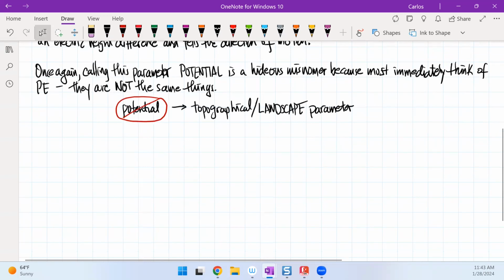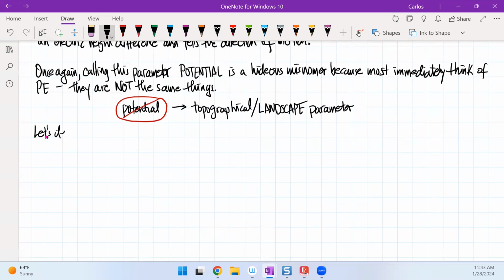That being said, let's look at this here. So let's derive the potential field for parallel plates. So what do we know about parallel plates?